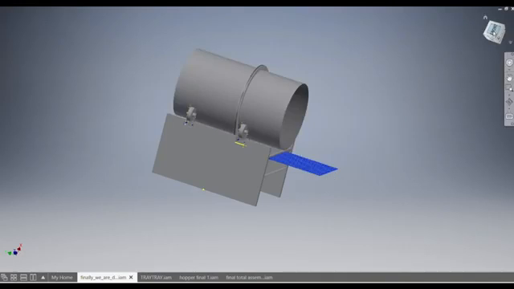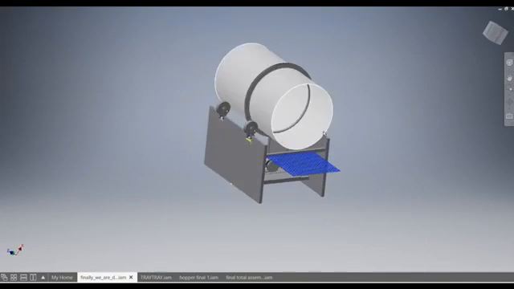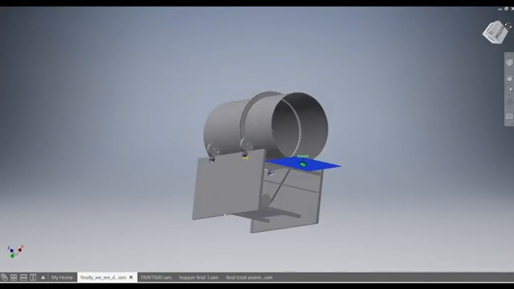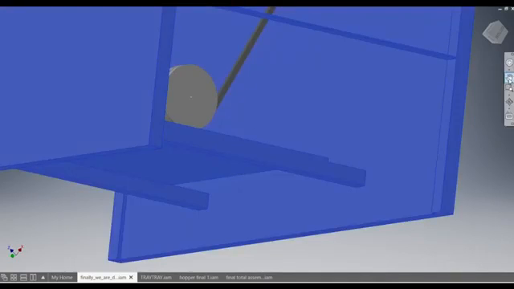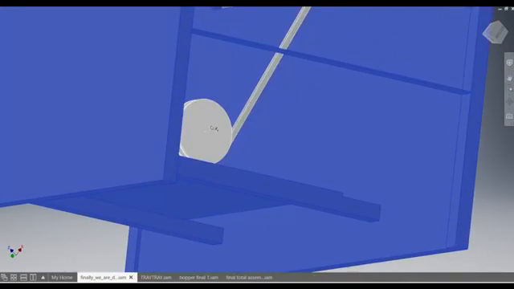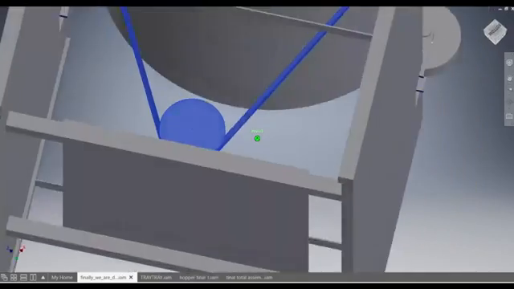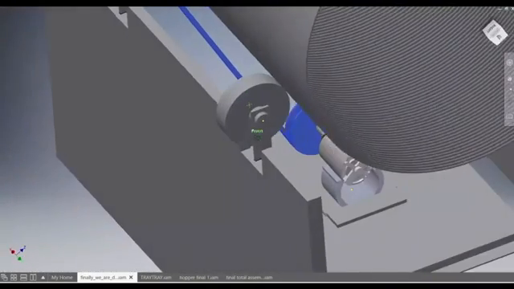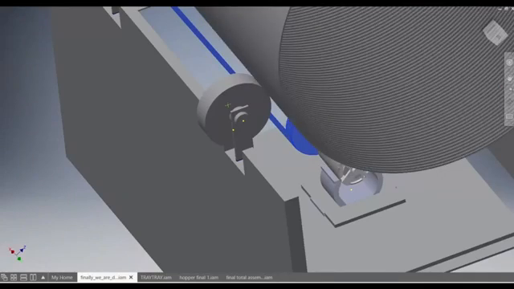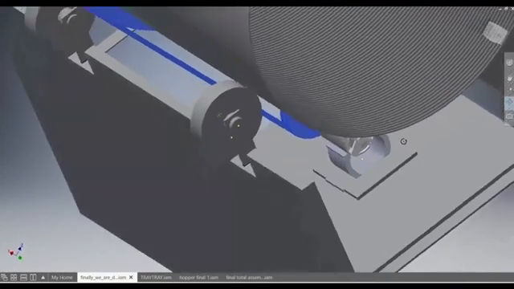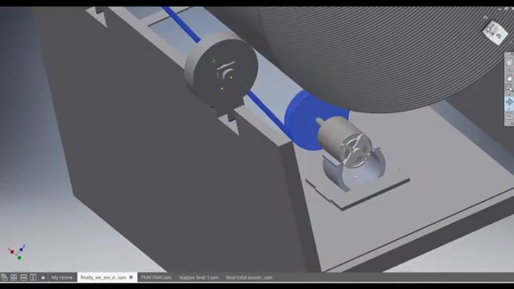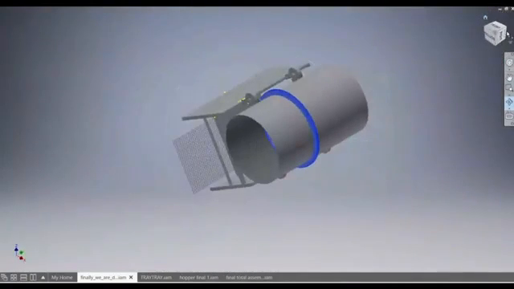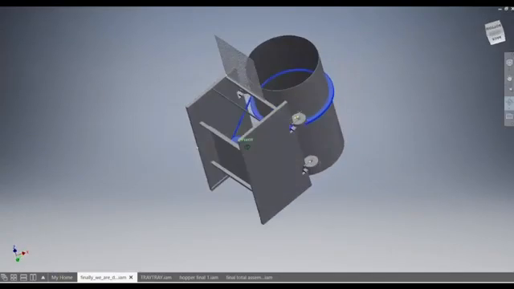This is our driving belt, and this is the driving motor, which rolls the drum with the help of the driving belt.